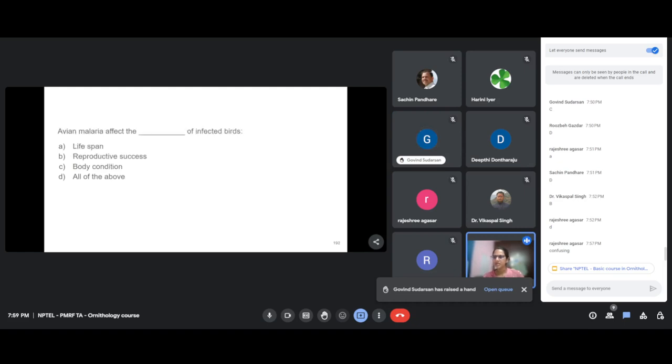Okay, avian malaria affects the dash of infected birds: lifespan, reproductive success, body condition, all of the above.